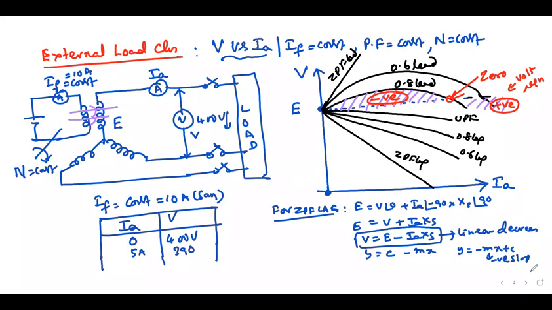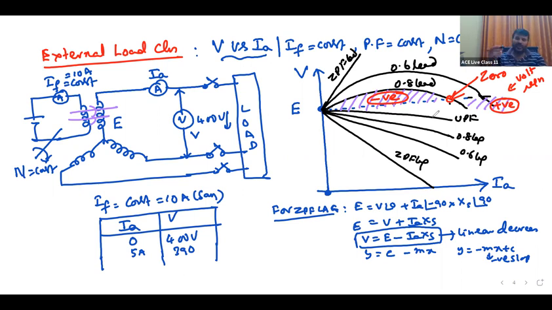But here, as load increases, voltage, as long as the regulation is negative, it increases, and regulation may be zero also. Regulation positive, it decreases. But I want to maintain always 400 volts, so what to do? As long as voltage increases, we need to decrease the field current. It is the reversal of that. The next characteristic, whatever I have drawn, is just opposite to this.